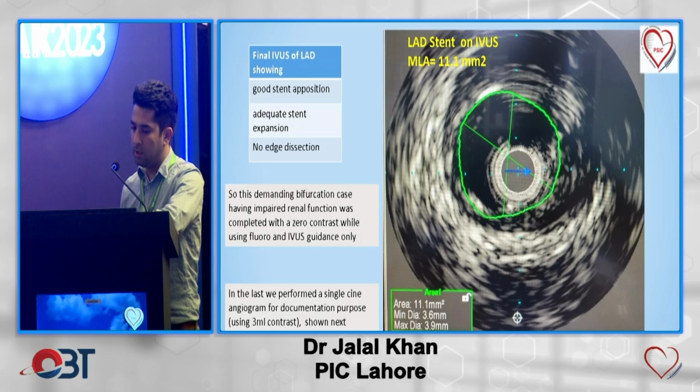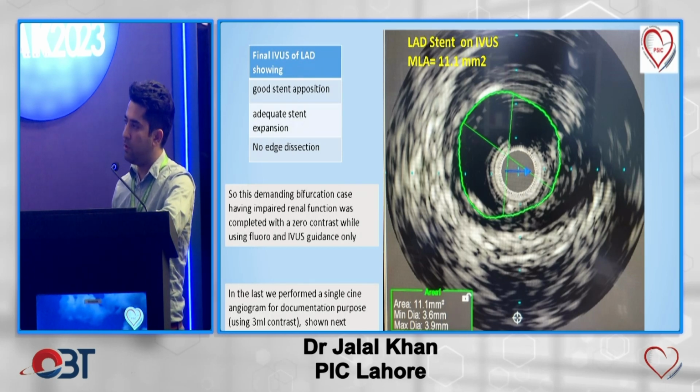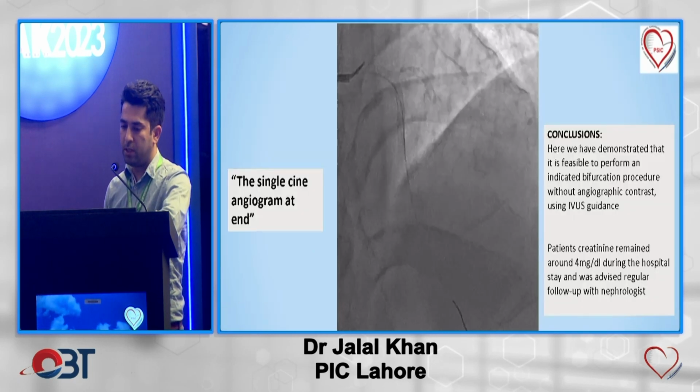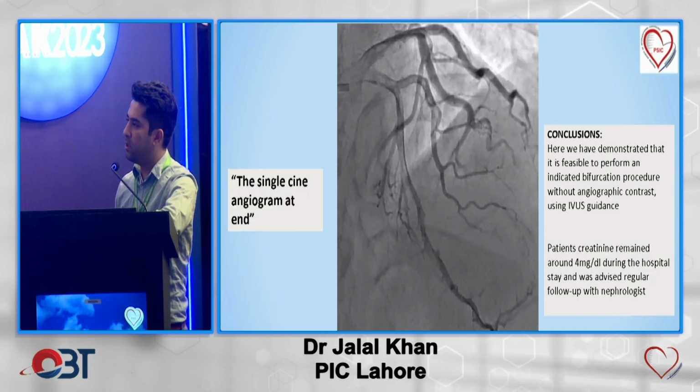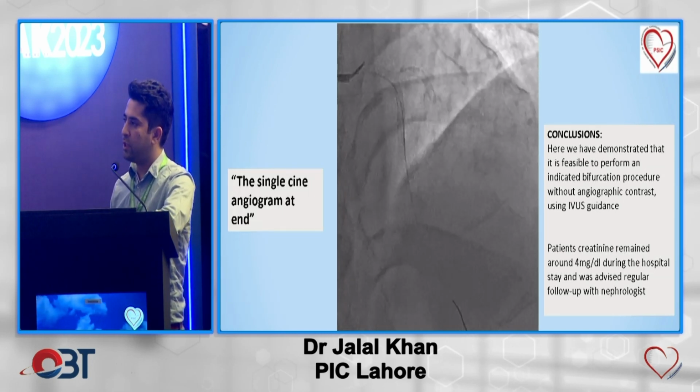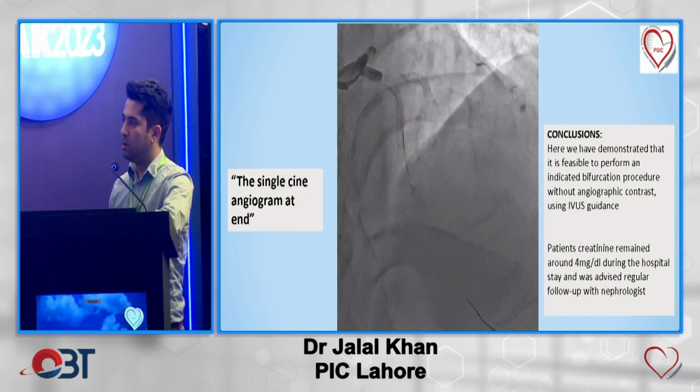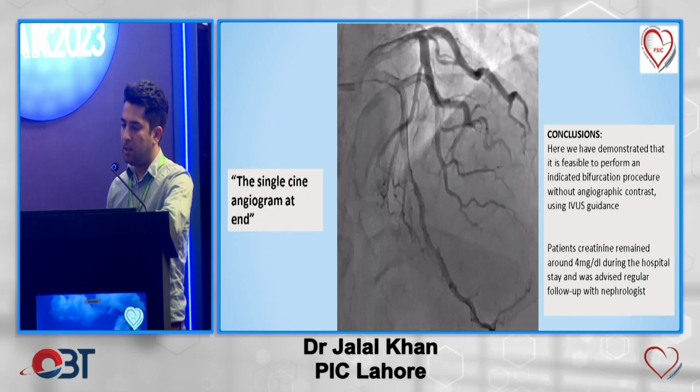So this was a case where we needed to use either very little or zero contrast. Based on his renal impairment, we didn't use contrast except for his diagnostic angiographic view. The last view was taken to save for our record the final result, where we can see the lesions properly treated.